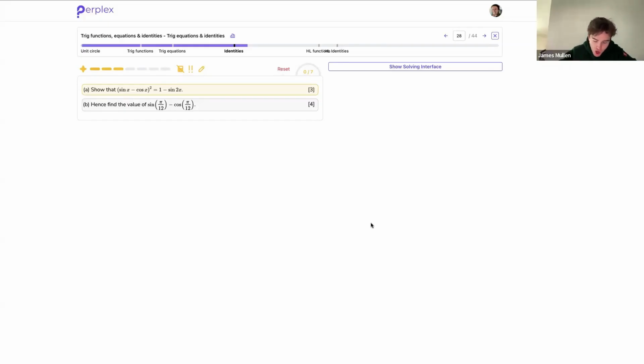So in part A, we're trying to show that (sin x minus cos x) squared is equal to 1 minus sin 2x. So let's start with what I have on the left-hand side. If I expand that, I have sin squared of x minus 2 sin x cos of x plus cos squared x.